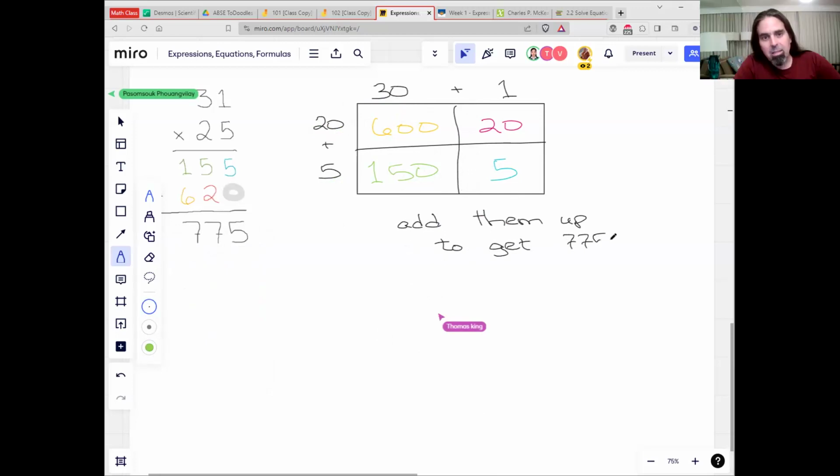Everyone okay with that? Yeah. And hopefully my careful color coding has shown you why these are equivalent things. There's the 150. There's the 5. There's the 600. And then here's the 20.